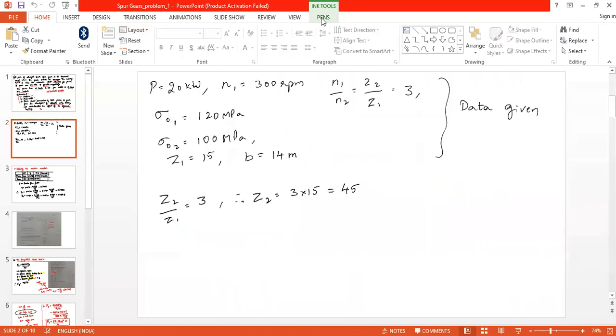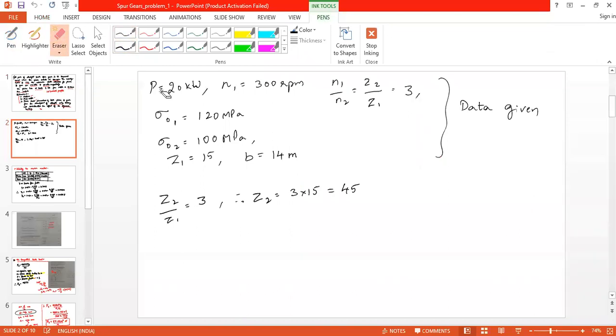So here the power is 20 kilowatt, the speed of the pinion is 300 rpm, and the velocity ratio n2 by n1 is 1 by 3.